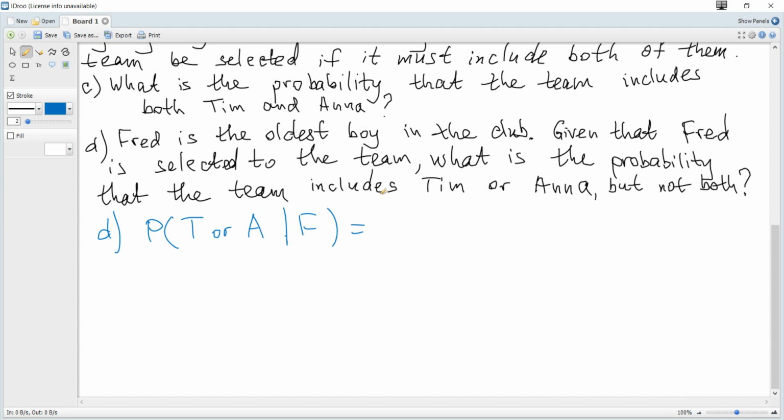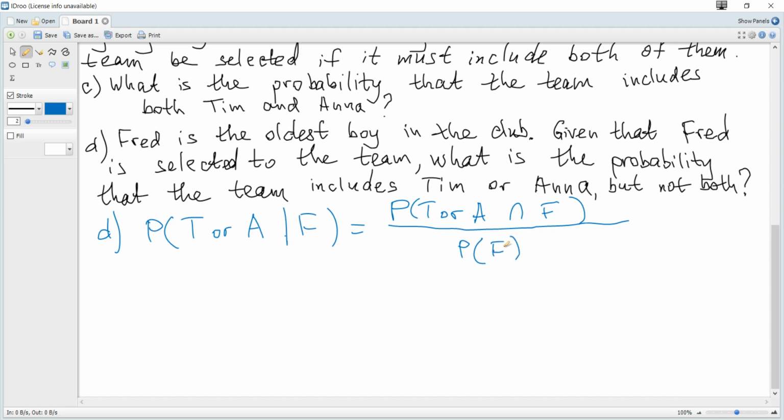And we know a formula for conditional probability. There must be this connected by "and" in the numerator, so it becomes the probability of Tim or Anna and Fred, provided that Fred is already chosen, divided by the probability of the given, so the probability that Fred is chosen.